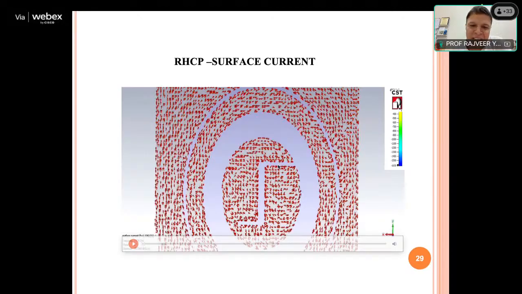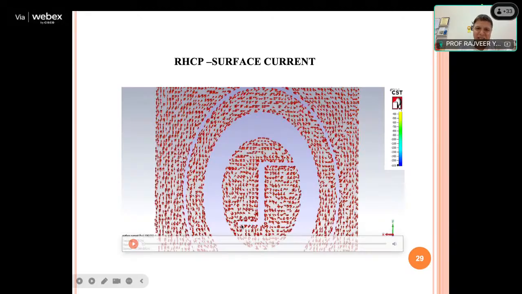We have purposely made the top arm elongated compared to the bottom one in the Z-shaped slot, so that the dominance is taken over by the longer arm, and that is why the field rotation is created, RHCP.